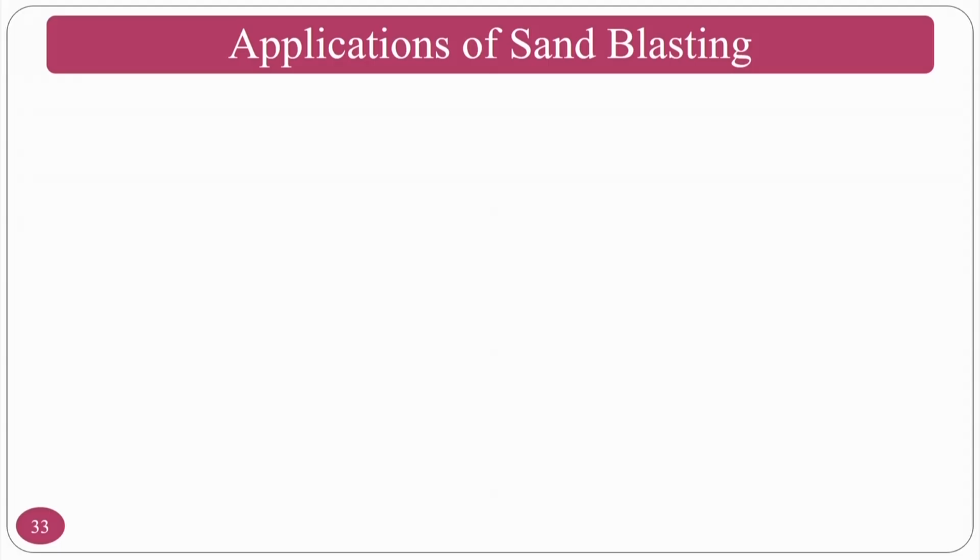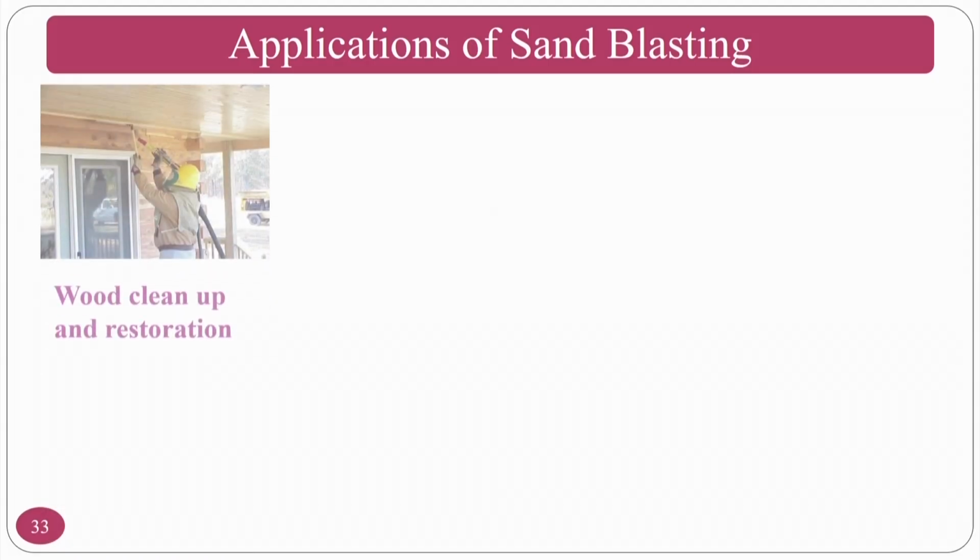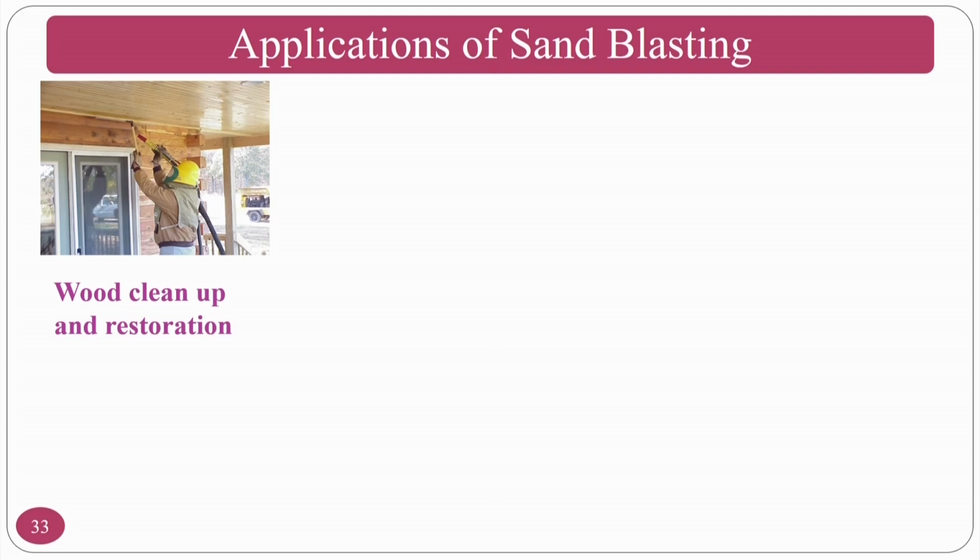Applications of sandblasting. The primary applications normally people use are for wood cleanup and restoration. If people want to clean wood to get a shine, later they will paint with shellac and other things, but before that they use it for texture generation on the wood.